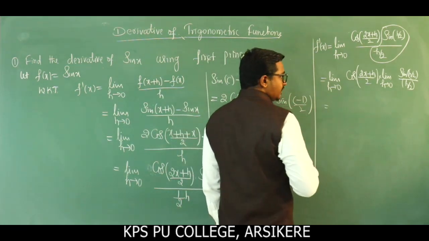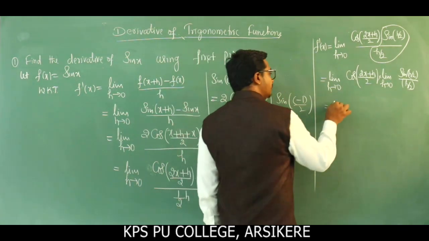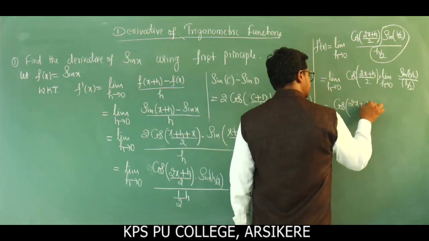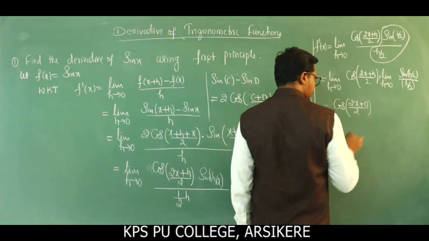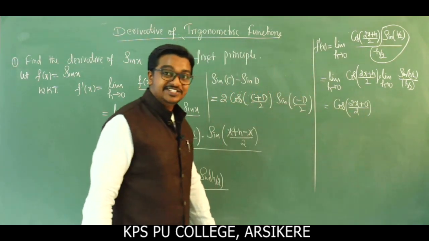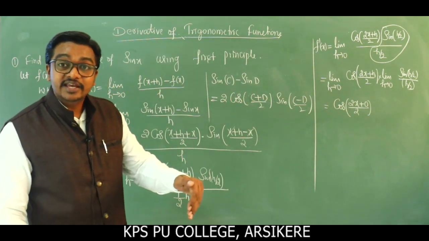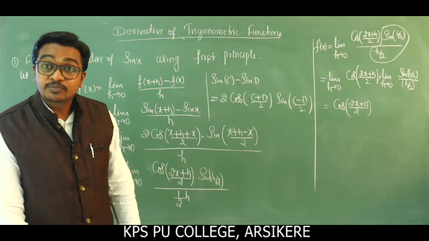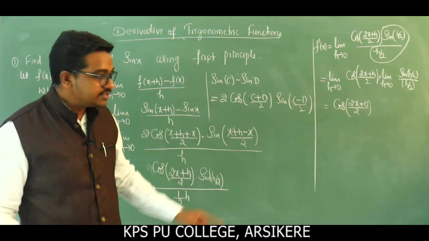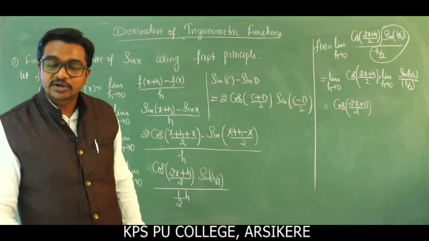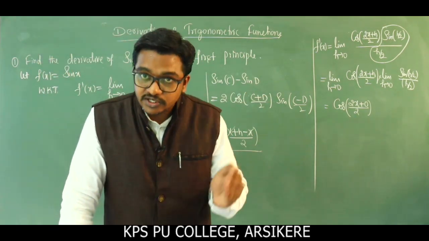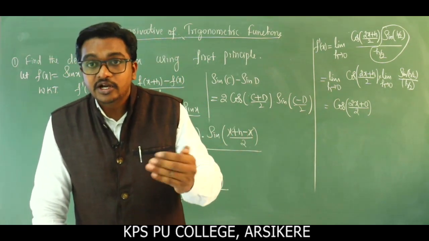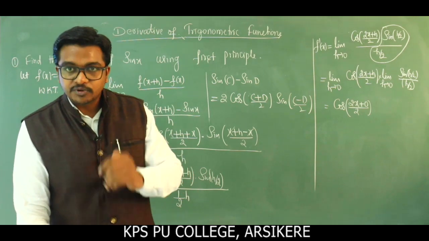Apply the limit directly here, h is equal to 0, so we will have cos of 2x plus 0 divided by 2 into limit as h approaches 0 of sin of h by 2 divided by h by 2, which becomes 1, because when h approaches 0, h by 2 also approaches 0.